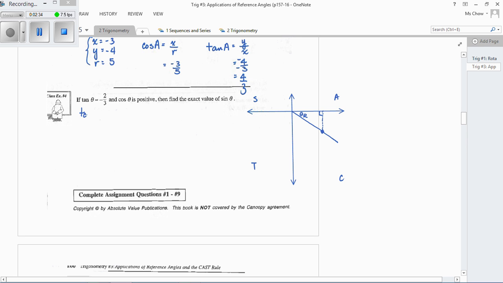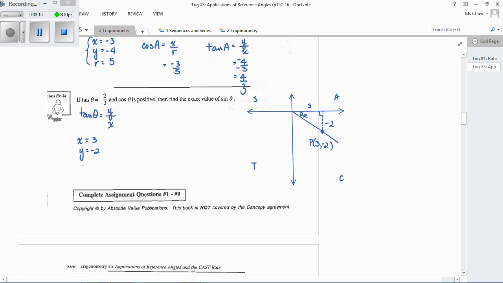Because tangent of theta is equal to opposite, or y, over adjacent, or x, we know that we're dealing with a negative y value in quadrant 4. So y is negative 2, and x is then 3. We can write that in: x is equal to 3, y is equal to negative 2. I can even label that point on here as (3, negative 2).